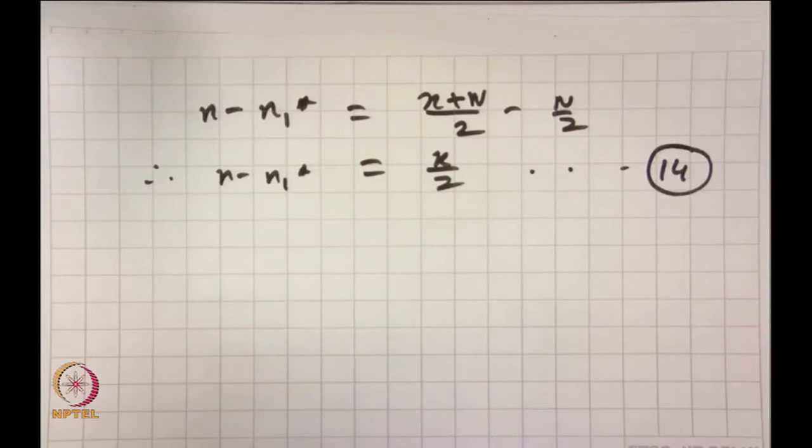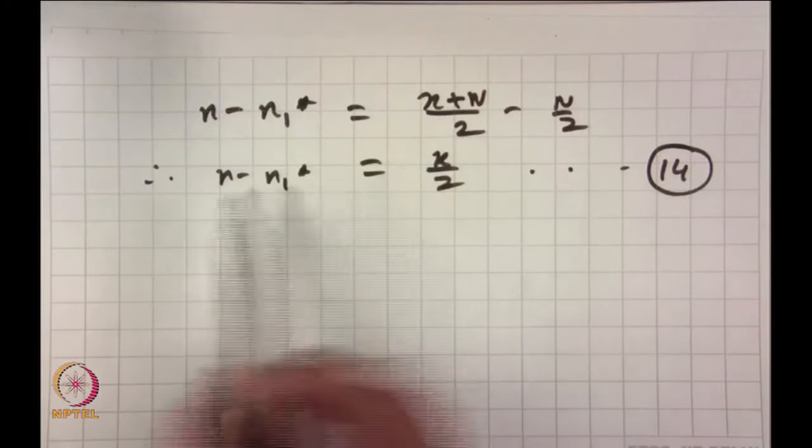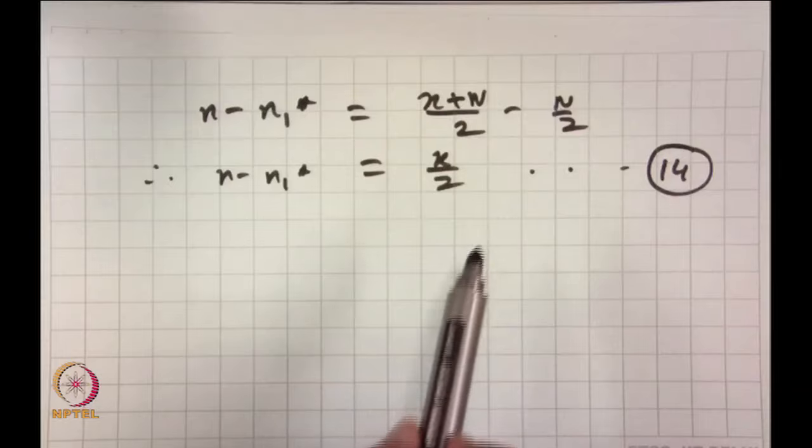So now do we have x? Do we have x coming in? Yes or no? Okay. So now you write the probability distribution. Essentially what you do is you replace this n1 minus n1 star by x by 2 out there.